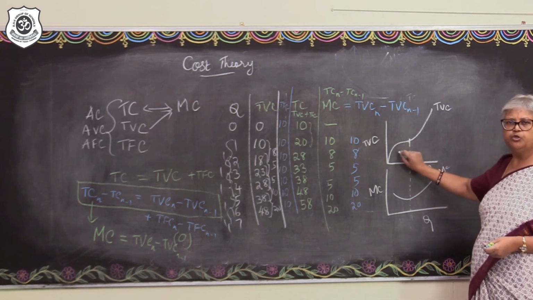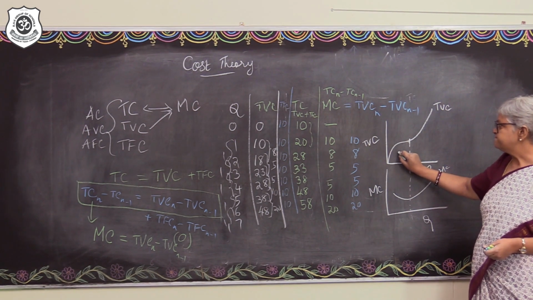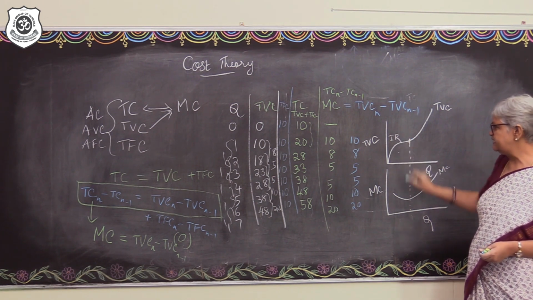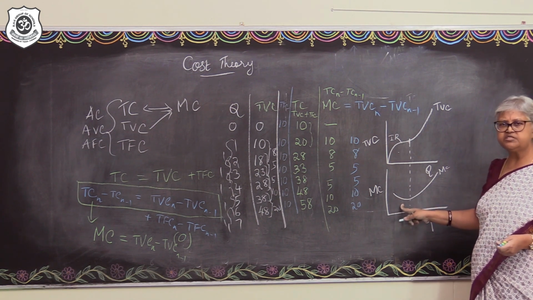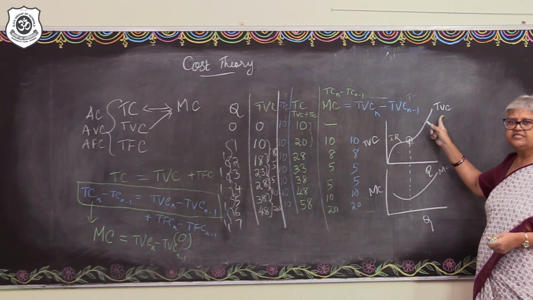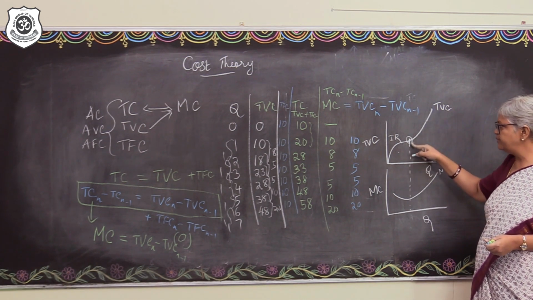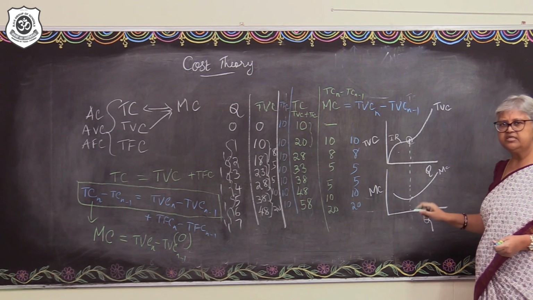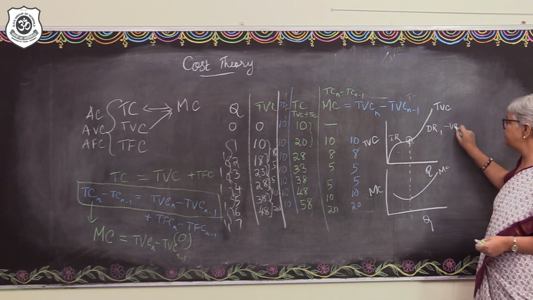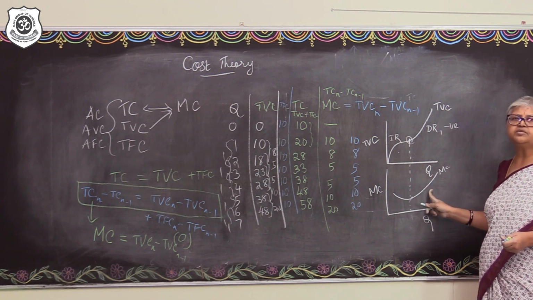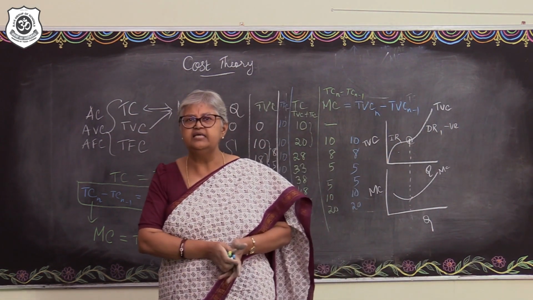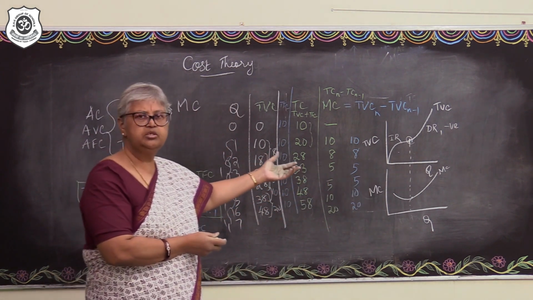So this initial portion of the TVC, where the firm is enjoying increasing returns, you see that the MC falls, right? And where the TVC is going to change the slope at the point of inflection, MC becomes constant. Thereafter, when the firm is going to suffer decreasing returns and probably negative returns, the additional cost of production starts shooting up. The MC starts increasing. Fine. So this is the behavior of the marginal cost.